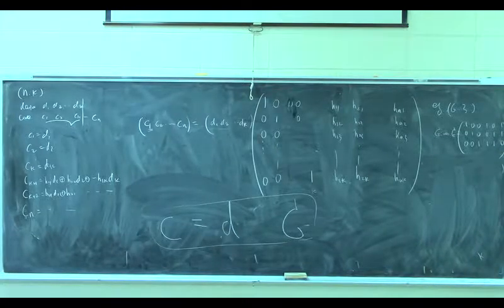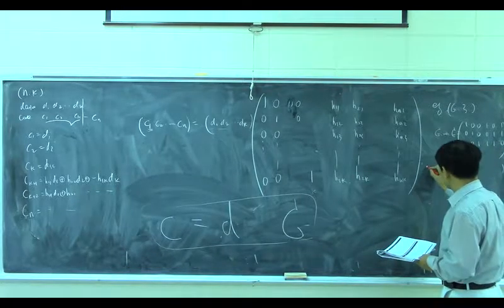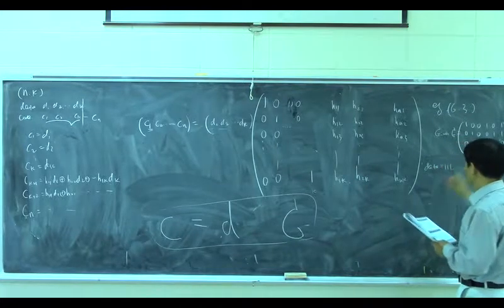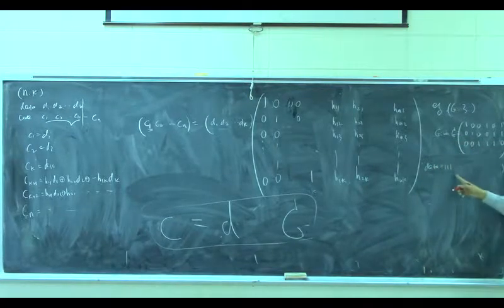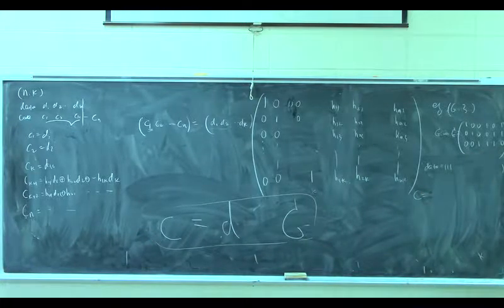I'll give you this generated matrix. For data, suppose the data equals 1 1 1. What is the corresponding code for this data?